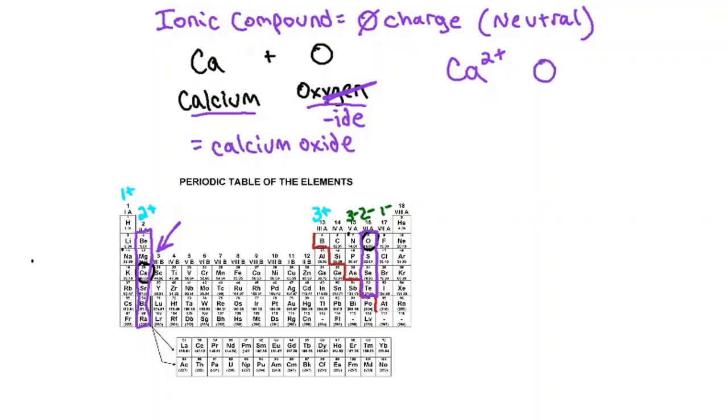So oxygen is going to have a -2 charge. Now, since this already has a +2 and this has a -2, +2 and -2 is 0, so they're already neutral. So all you have to do for calcium oxide is write calcium and then oxygen like that, CaO.